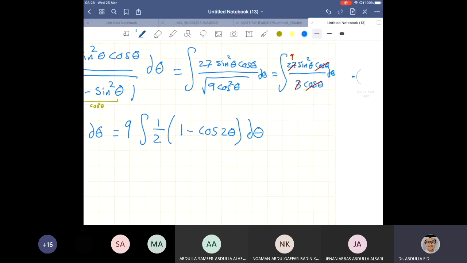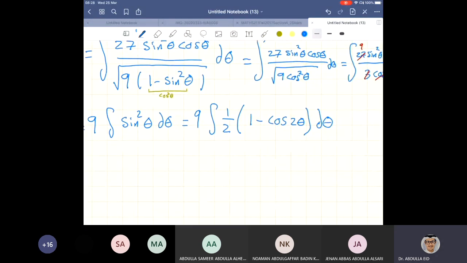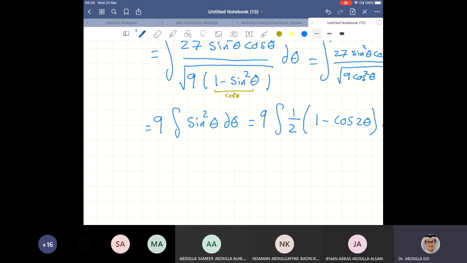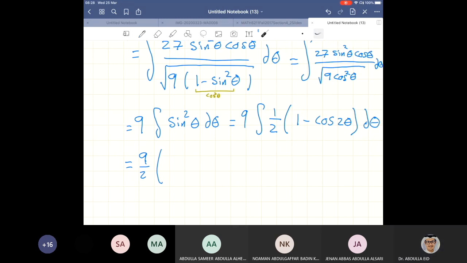We said whenever we see the sine square. Now, if you do this integral, you take the 1/2 outside. And then what's the integral of 1? Theta. Exactly, it is theta.